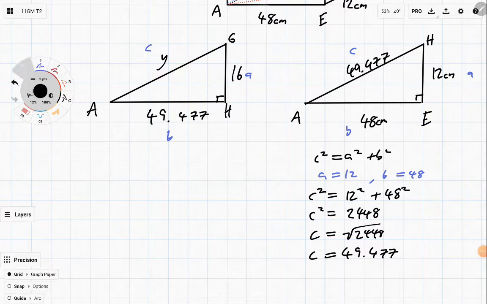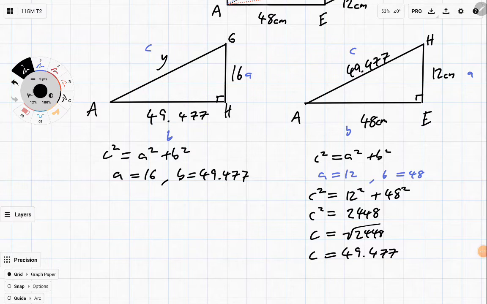So let's now use Pythagoras' theorem again. A is equal to 16, B is equal to 49.477, and we get C squared is equal to 16 squared plus 49.477 squared.